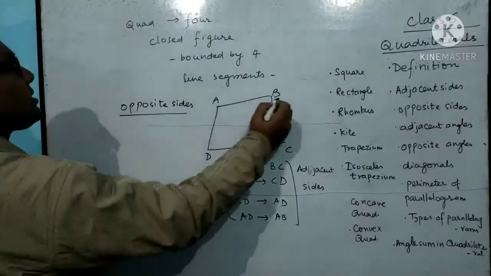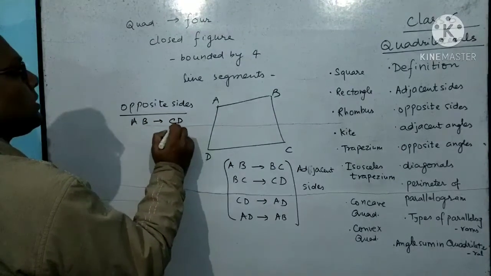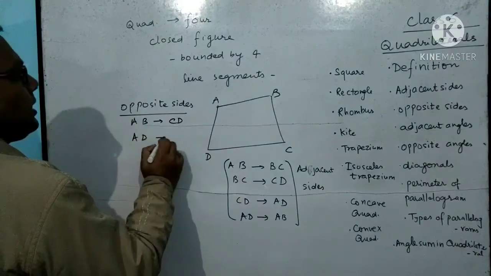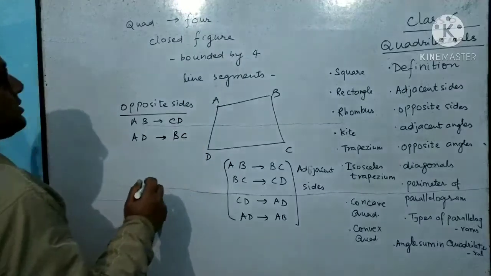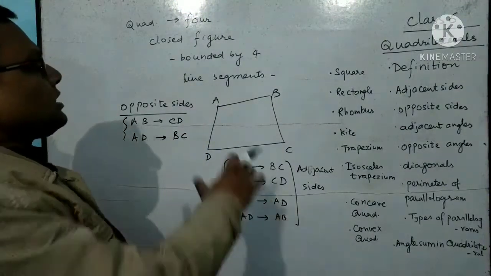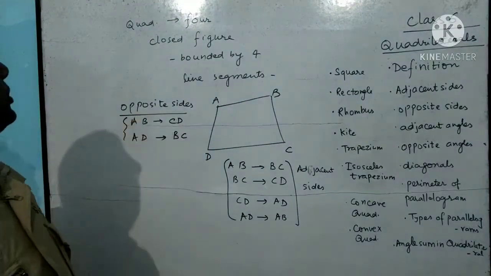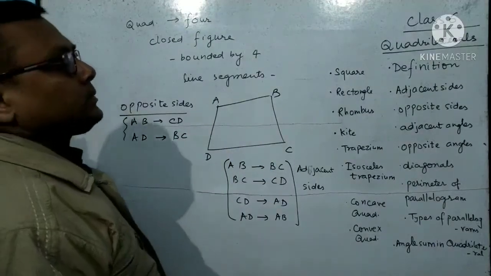We take the first pair AB and CD, which have nothing in common, and another pair is AD and its opposite BC. These two pairs have no vertex in common. There is nothing in common in these sides. So it is an opposite side pair. There are two pairs of opposite sides.